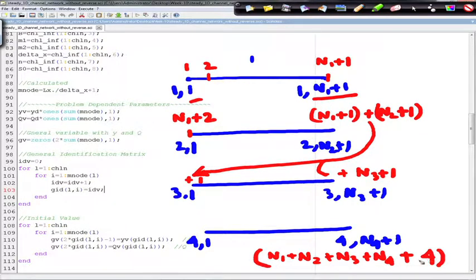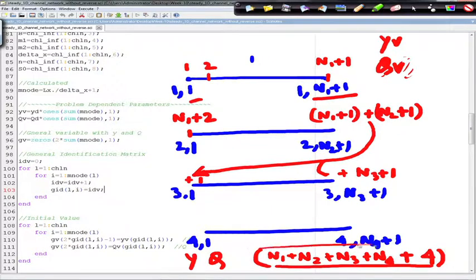For this we need these many Y and Q values. So, YV and QV, these two are defined for these many variables.